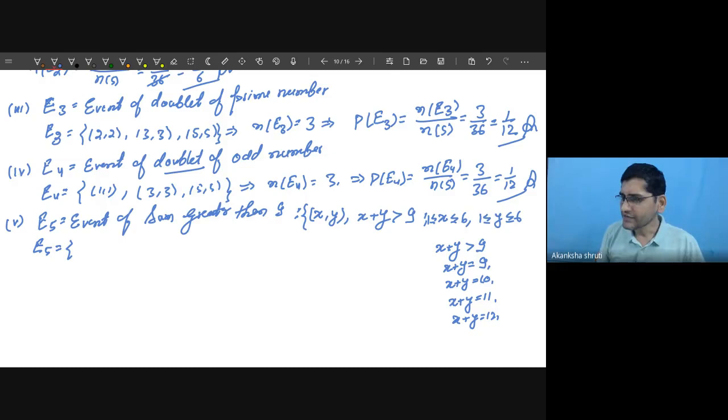So students, first write for the 9, when it can be 9. x can have minimum 3 and y can have maximum 6, then only it can be. So first one 3, 6.